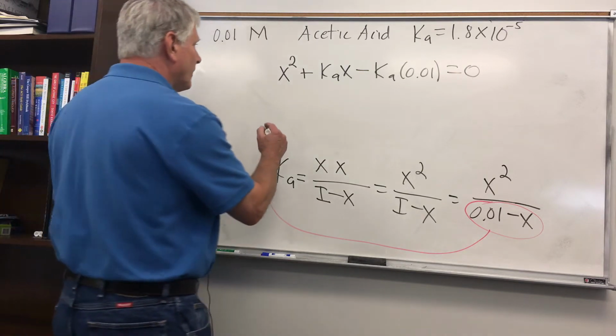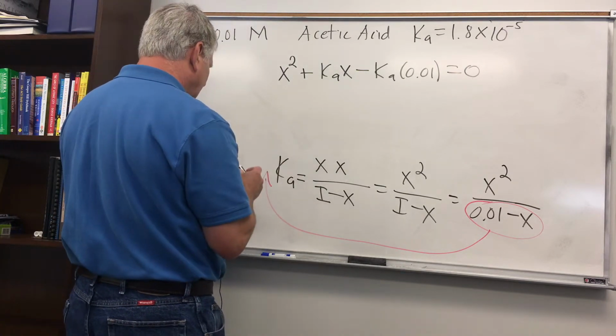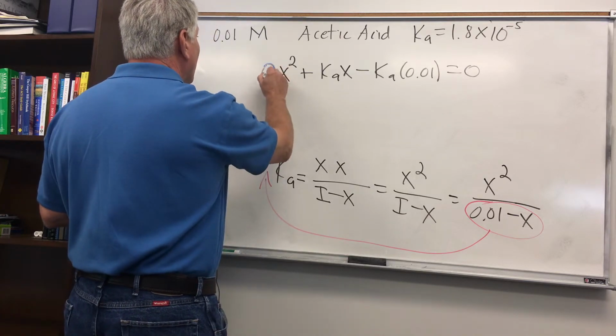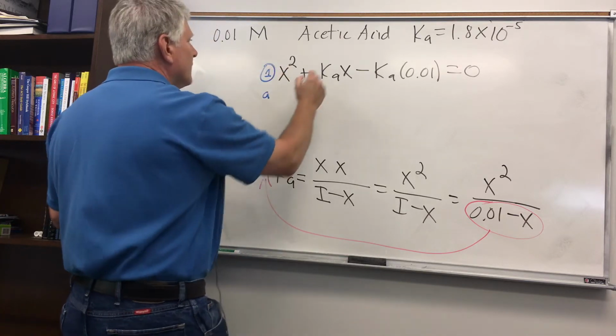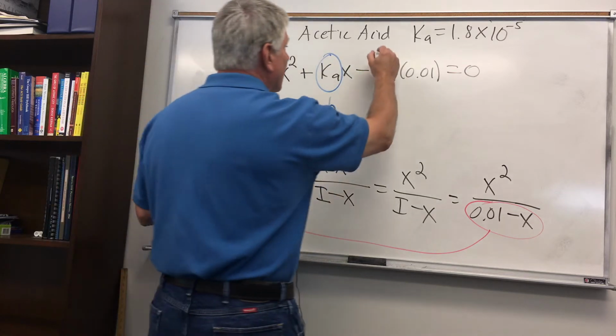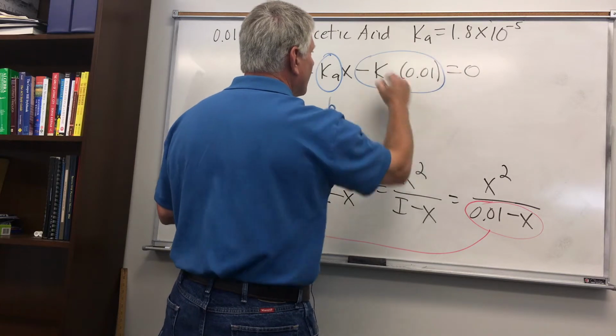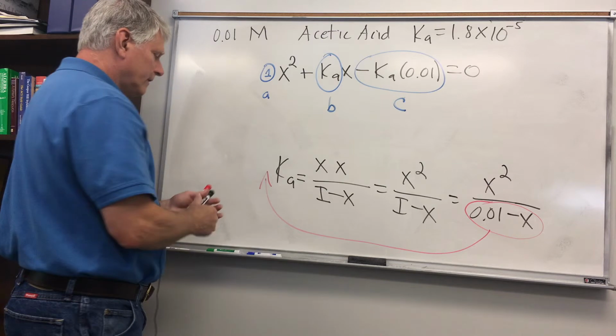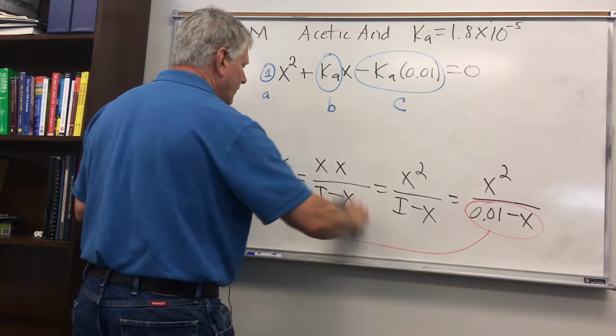So I can write the quadratic formula because A is equal to 1, B is equal to KA, and C is equal to negative KA times 0.01. So I'll put this in the quadratic formula.